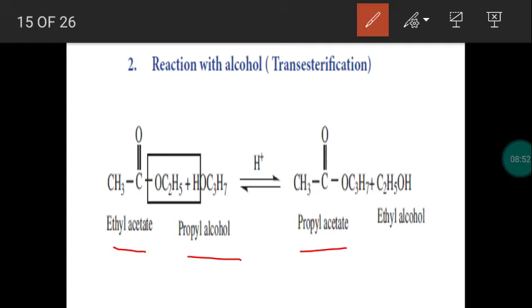The C2H5O, this ethoxy group is changed into propoxy group. So due to the change of this alkoxy group, ethoxy will be changed into propoxy. So we get propyl acetate, right? Propyl acetate will be the ester. So this process is called a trans-esterification process along with the liberation of alcohol.